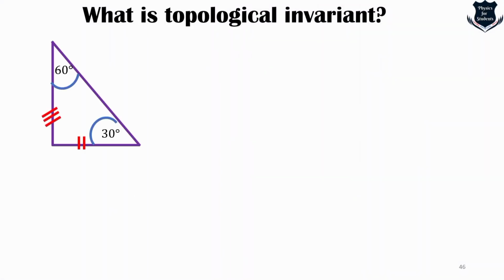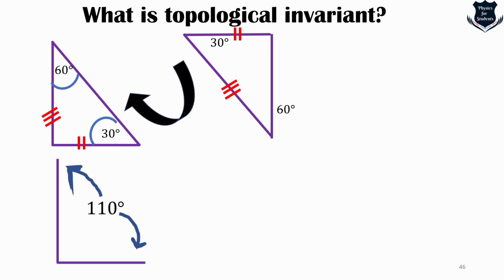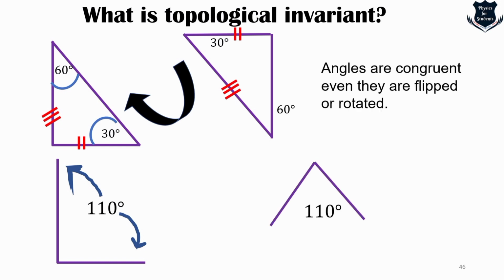Now if we rotate this, and we get an angle of 110, and we rotate that angle, we find that the angles are also congruent even if they are flipped or rotated. I'm giving you a simpler example of topological invariance. So in these Euclidean spaces, when the angles are rotated and flipped, yet the congruency remains.